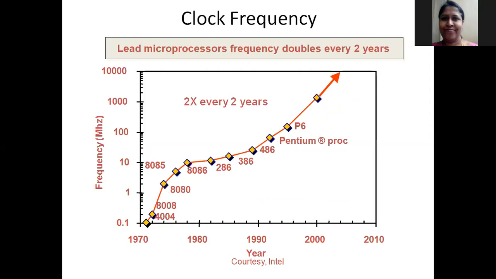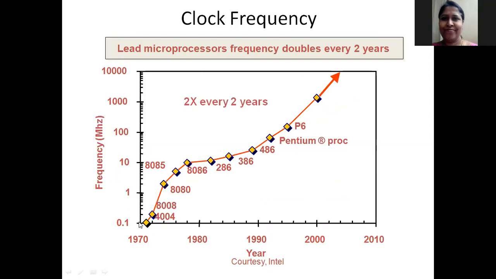So as we go on scaling, reducing the size of the transistors, we observe the frequency of operation also increases. What we see here in this graph is the frequency of operation, which represents the time taken to complete a small task in any processor.